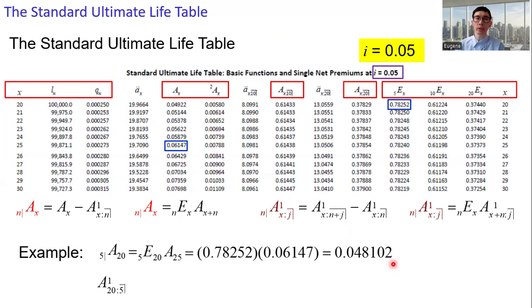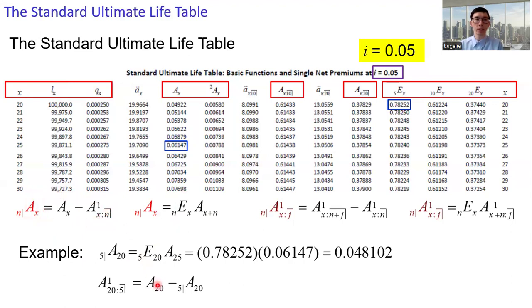And suppose we want to get the 5-year term insurance on age 20. We can express this term insurance as A20 minus 5|A20. And we can get this expression using the first expression here.